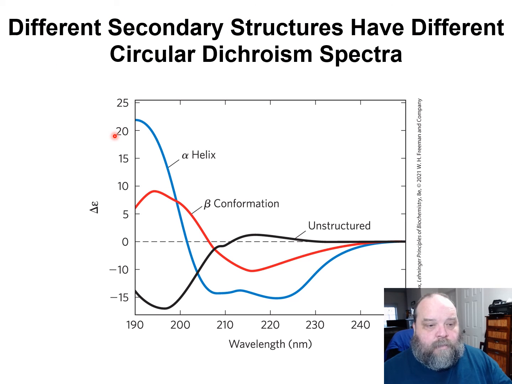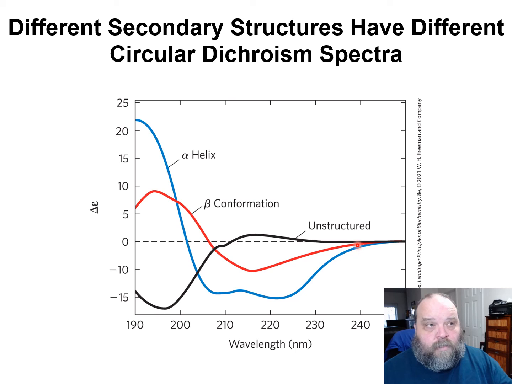And when you put in the complete polypeptide, or at least segments of it, I think this is going to be some form of a secondary structure, you can see at certain wavelengths, alpha helix and beta conformation, beta strands will light up.